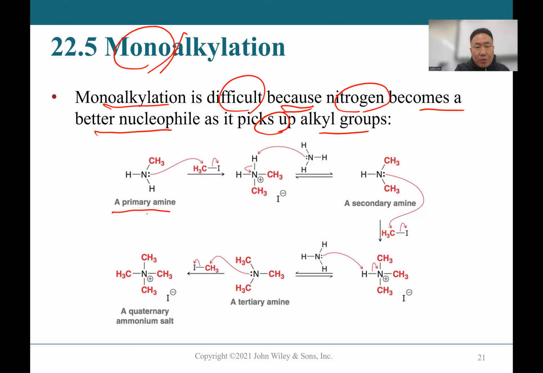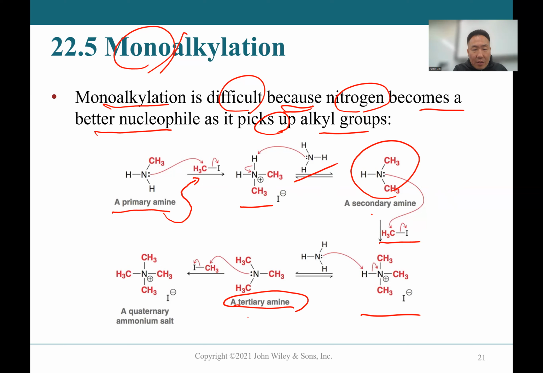So after getting the primary amine, it reacts with an alkyl halide again to generate an ammonium salt, which reacts with ammonia to generate the secondary amine. The secondary amine reacts with an alkyl halide again to generate an ammonium salt, and then a proton transfer step generates the tertiary amine. And then you can get a quaternary ammonium salt again.